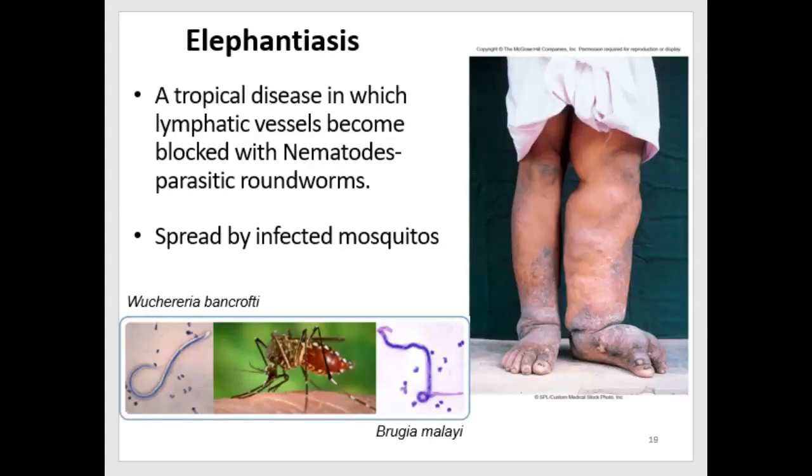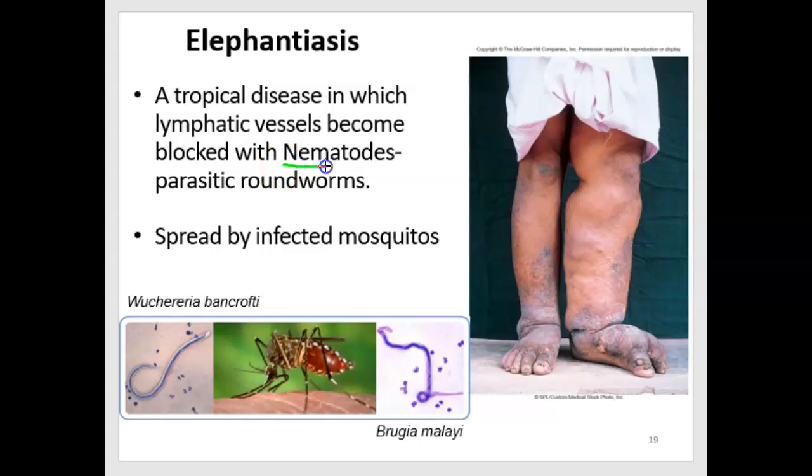When lymphatic flow is impaired, maybe there's a tumor, or maybe vessels were broken and injured during surgery, edema can happen in a very localized area. Now, this photograph shown on your right here shows a severe case of blocked lymphatic flow. The disorder is referred to as elephantiasis due to how severe edema got and caused the enlargement of part of the body. And this occurred due to lymphatic vessels being blocked by roundworms, parasites.